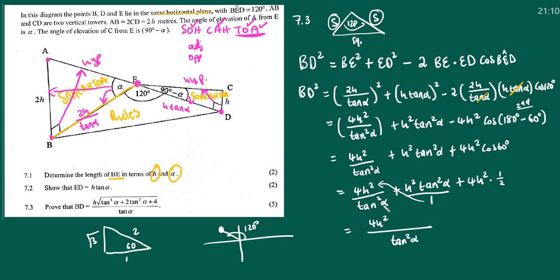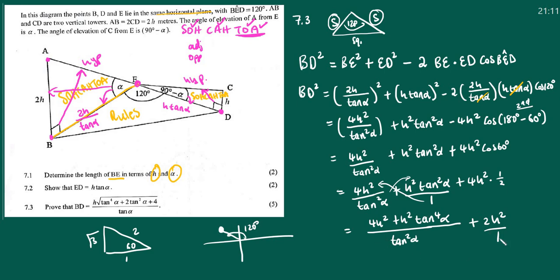And then tan squared alpha times this, you're going to get h squared tan 4th power alpha. And then here you're going to have 2h squared. So this is also over 1.